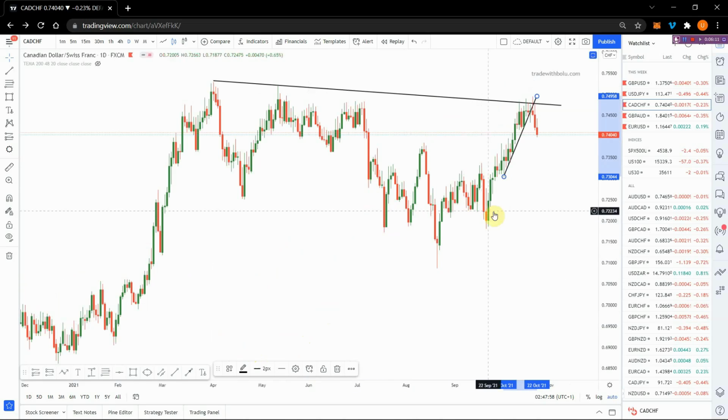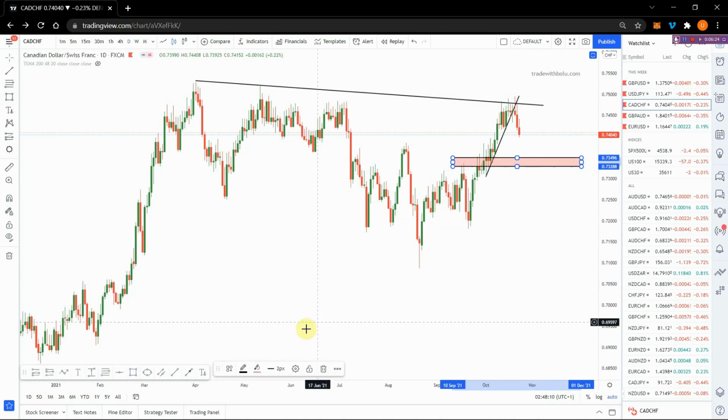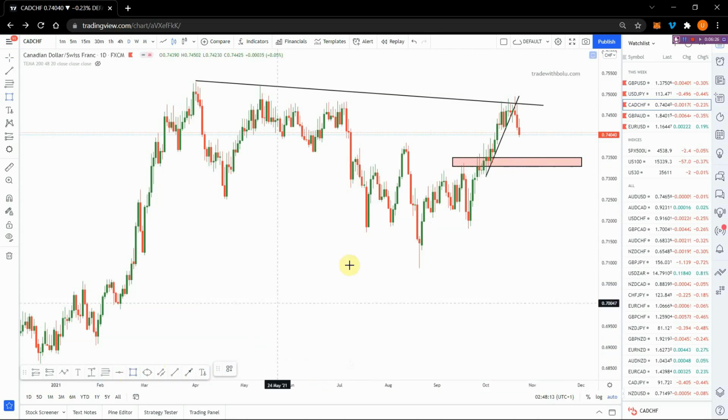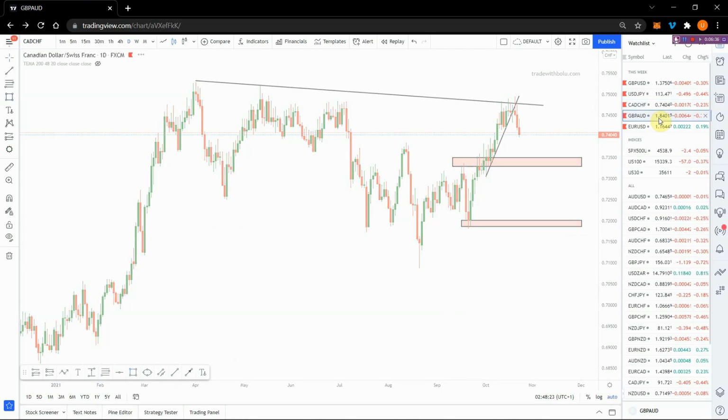So expect market to fall down to this level, and this will be your first point to consider taking profit at area of resistance, possibly turning to support, and then this previous low will be your second target. And with that, move on to the next, GBPAUD.